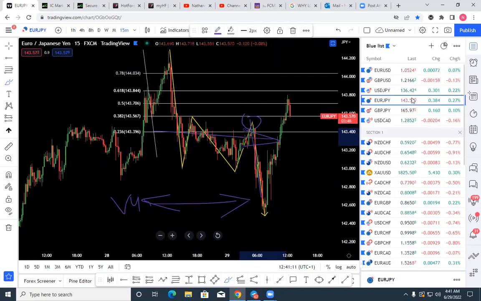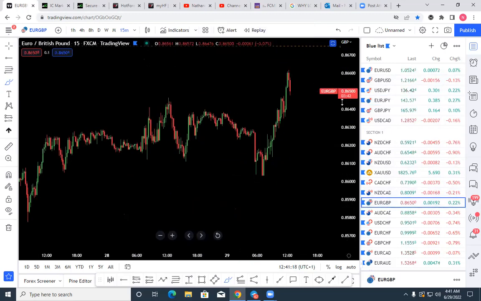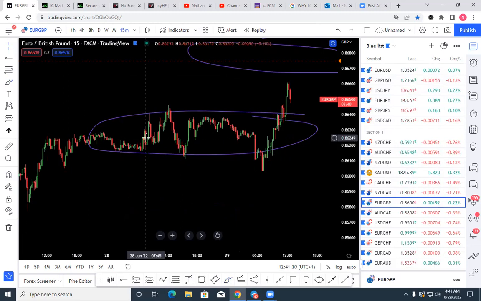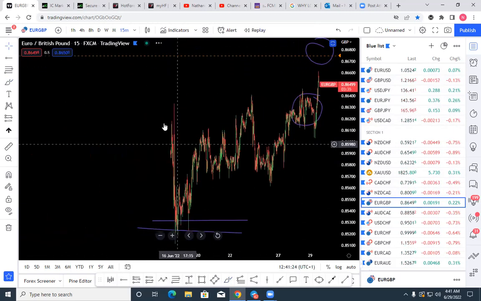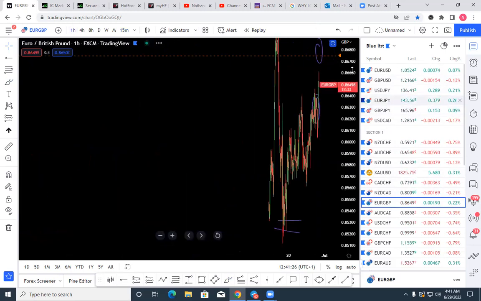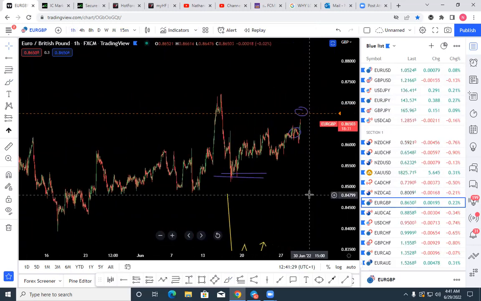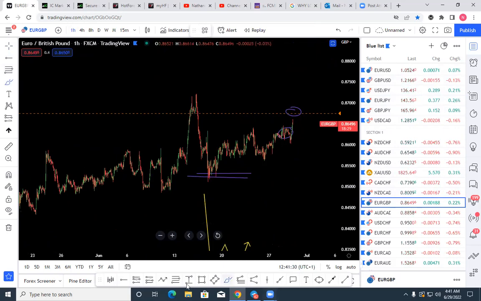Do you understand? But in Euro GBP, let's go to Euro GBP. We're there. But in this case now, if you analyze this structure very well, let's go to 1 hour. Last week, we had this move to the upside.